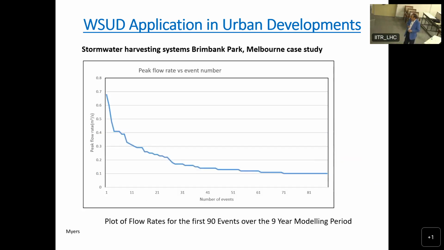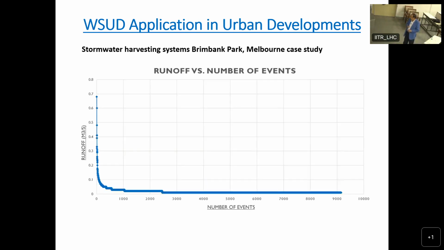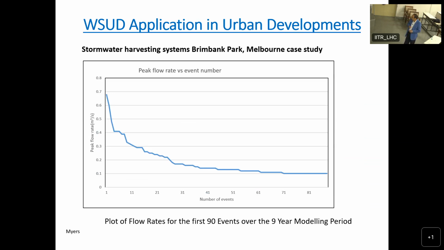Then we looked that initially the maximum peak flow is roughly around 0.68. Then how many events are there where we are getting a high peak flow? So we plotted initially roughly the high 91 events.